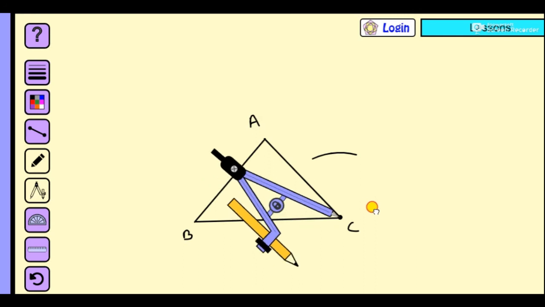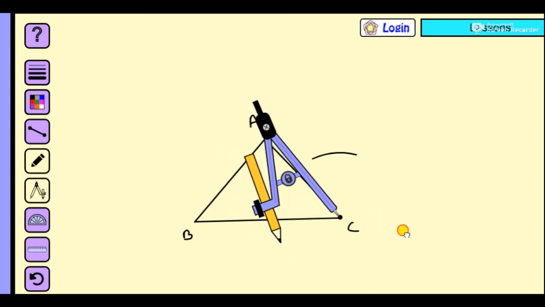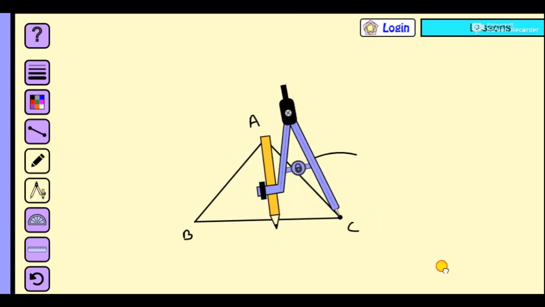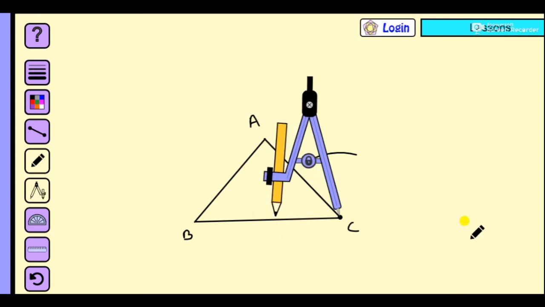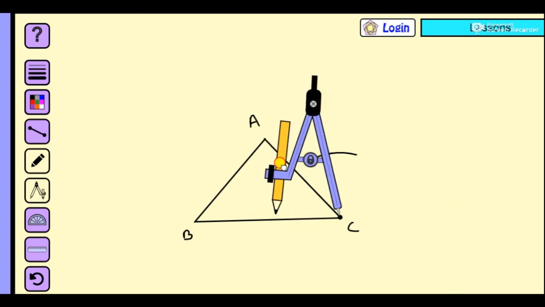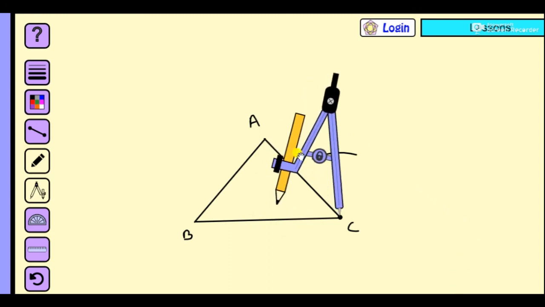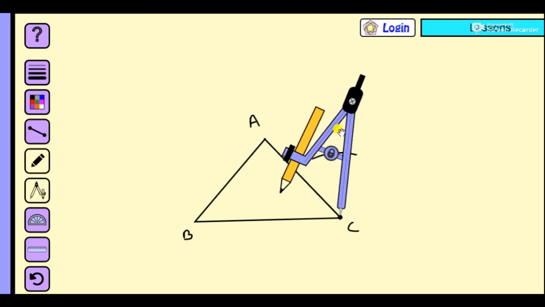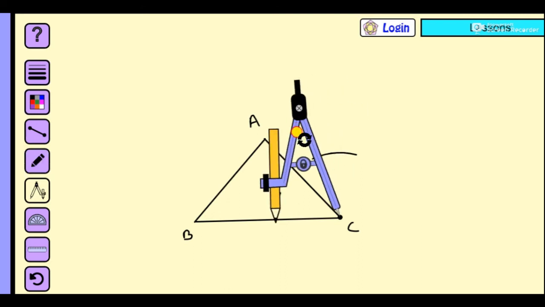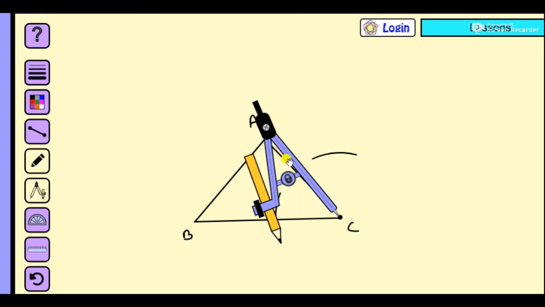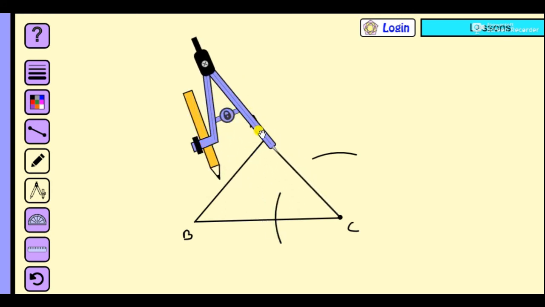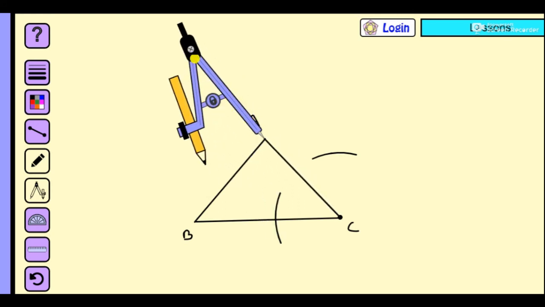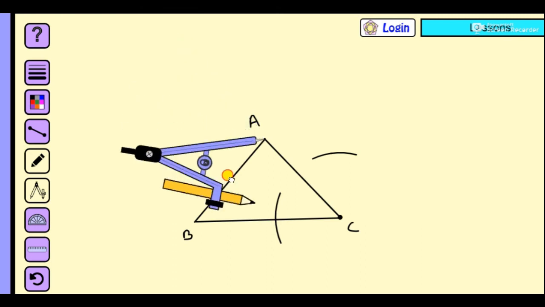Now where is the... this one? Now once again take the roundel here and do this here.